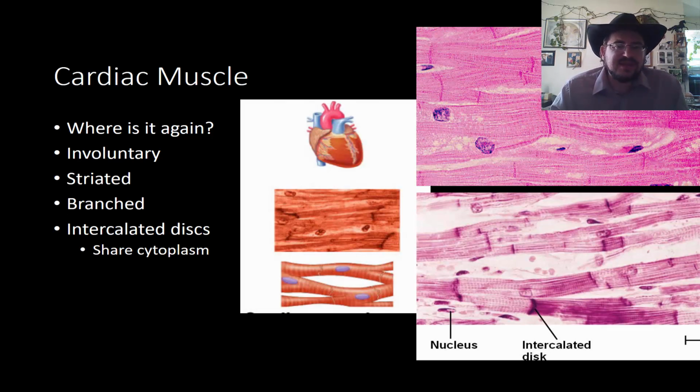So intercalated discs are between muscle fibers, and basically they just allow the muscle fibers to share the same cytoplasm, and that allows signals in the cell cytoplasm to travel between cells easily and quickly, because your heart needs to move those signals along fast in order to contract at its regular interval.